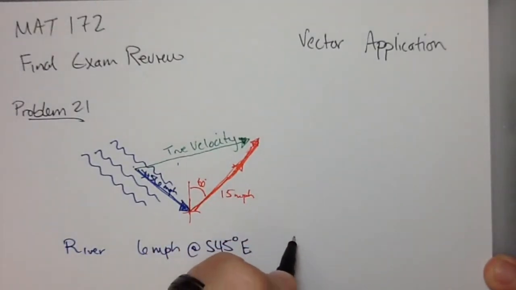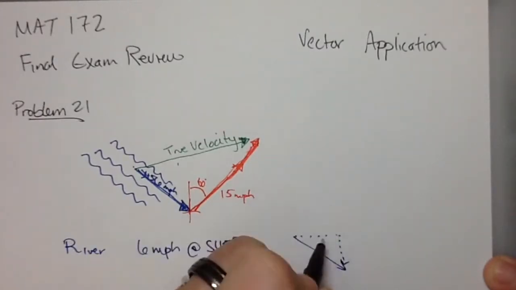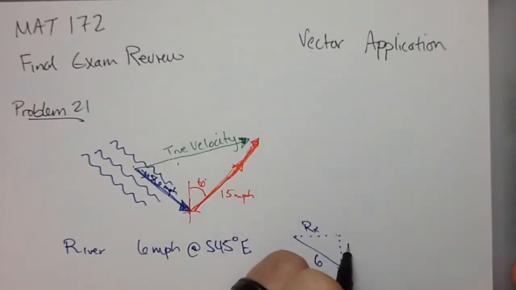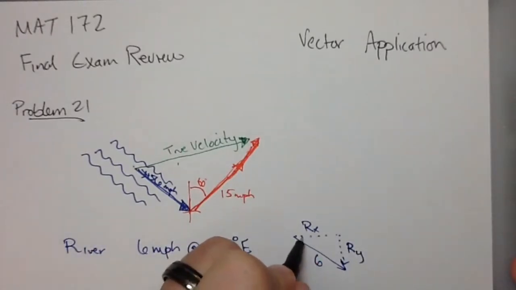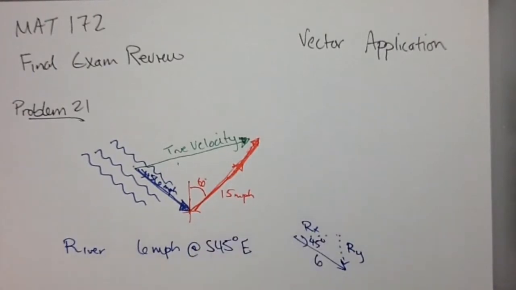So that vector looks like this. And this is the x component, rx. This is the y component, ry. And this angle is 45 degrees.